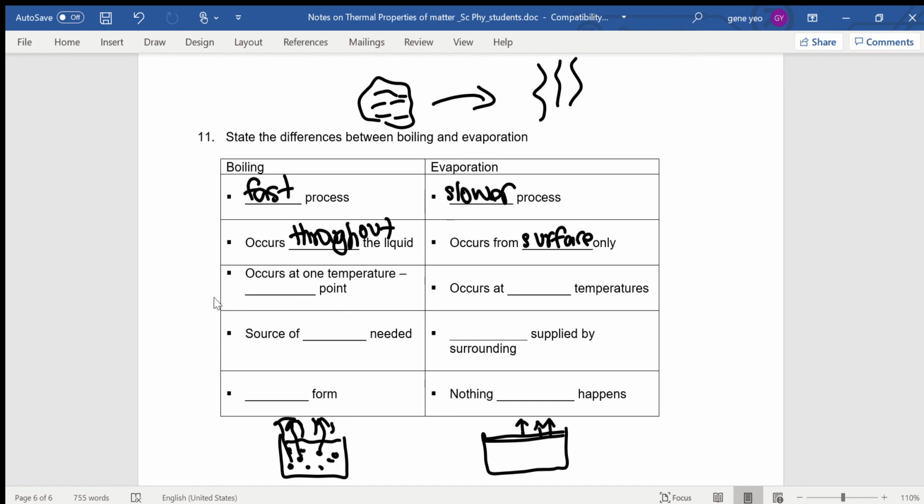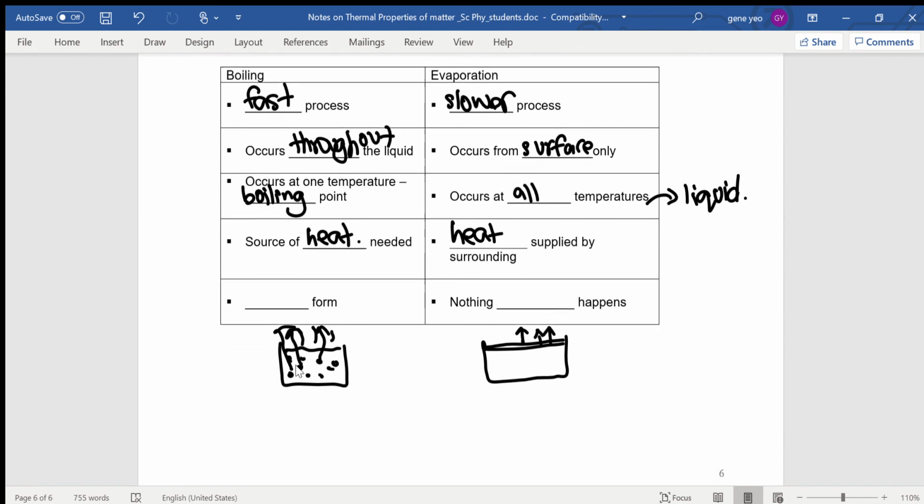Boiling occurs at one temperature, called the boiling point, whereas evaporation occurs at all temperatures, the caveat being the substance must be in liquid form. You cannot have evaporation occurring for a solid, for example. Boiling needs a specific source of heat, whereas for evaporation the heat is supplied by its surroundings.